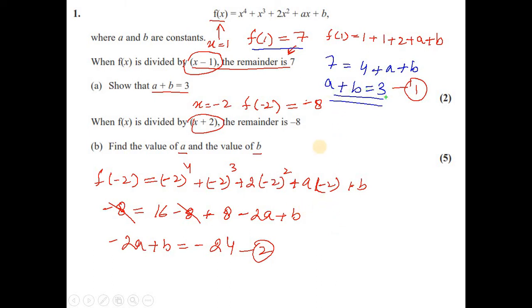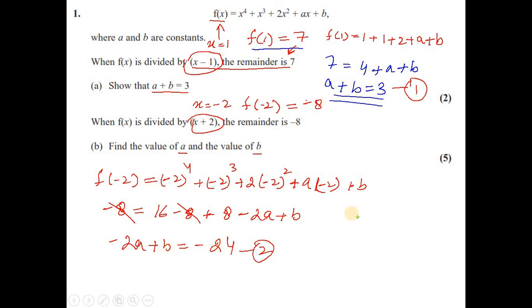So you have a plus b equal to 3, and minus 2a plus b equal to minus 24. You have plus b in equation number 2 and plus b in equation number 1, so you can subtract these two equations. You can use the elimination method if you wish, but I'm directly subtracting these two equations.